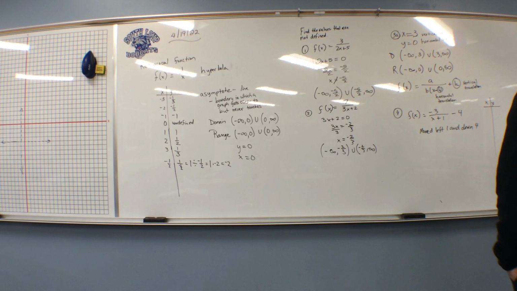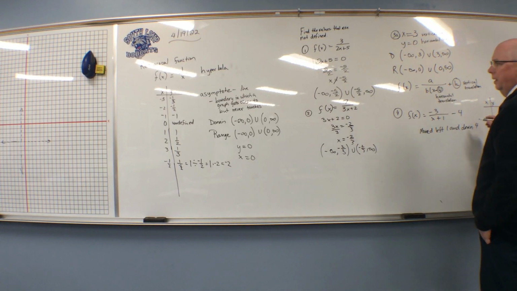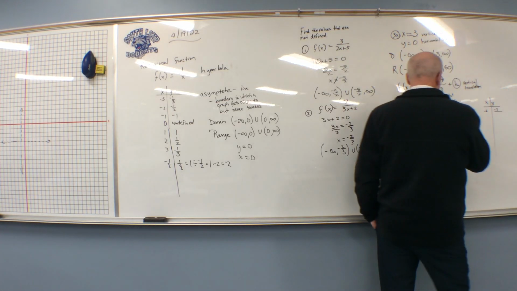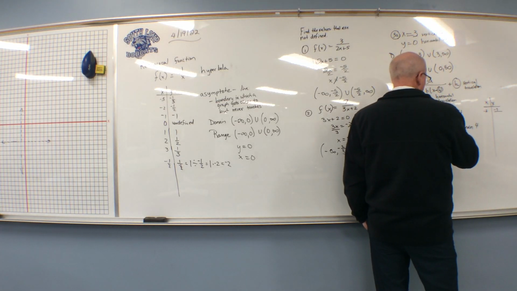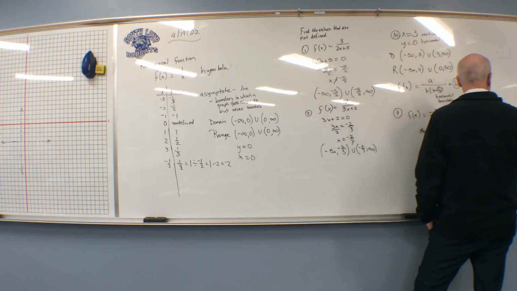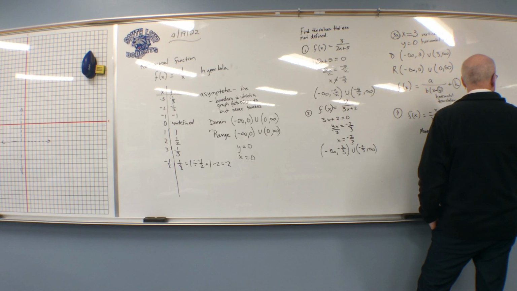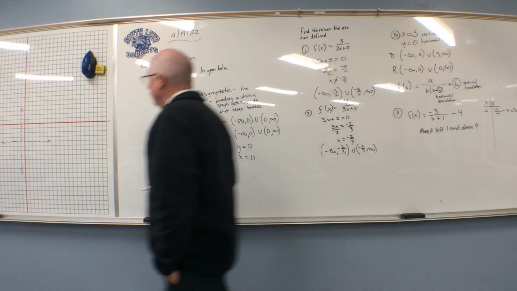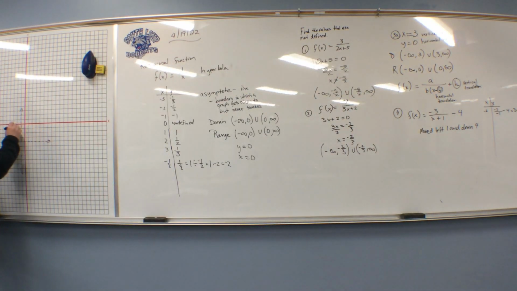Okay, so I'm going to put in -2, right? So if I put a -2 in, I get a -3. This is -2 plus 1. -2 plus 1 is -1, minus 4. So this is a +3 plus a -4, which is a -1. So if I put in a -2, I get a -1.